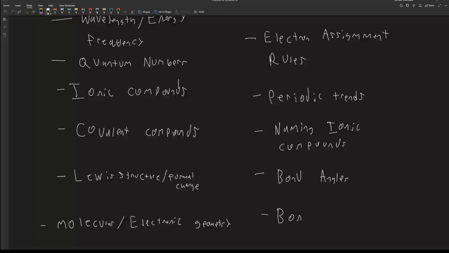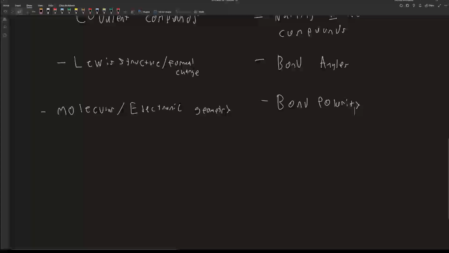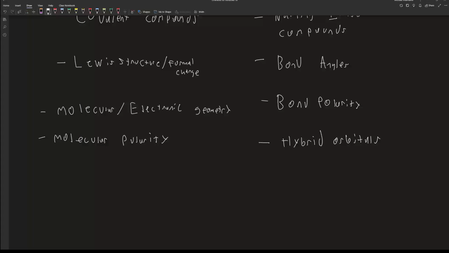Bond polarity. Molecular polarity. Hybrid orbitals. Molecular orbitals.